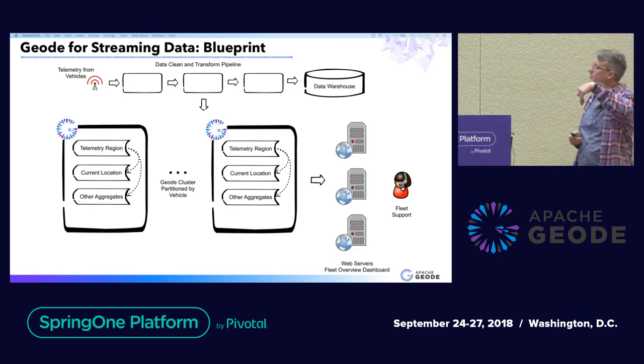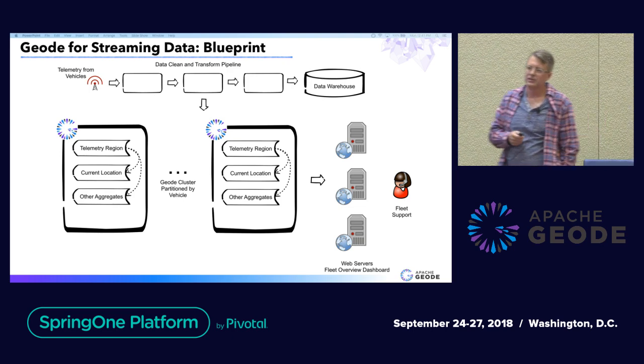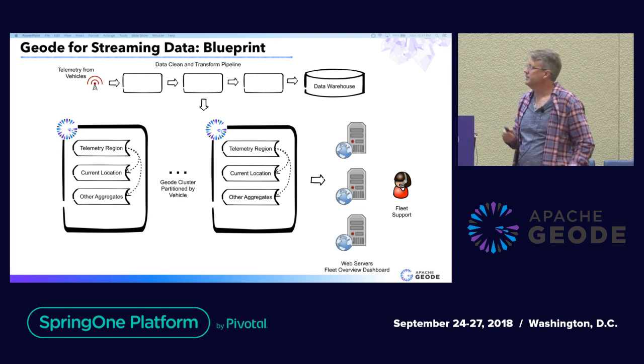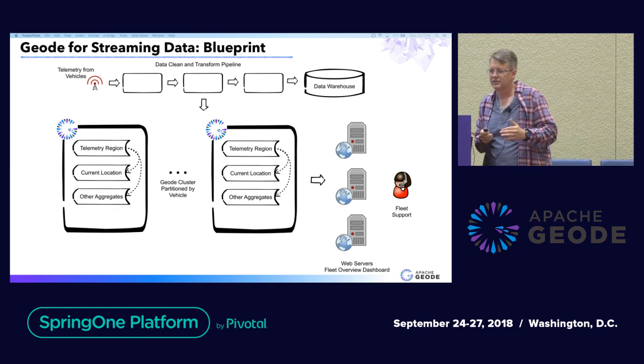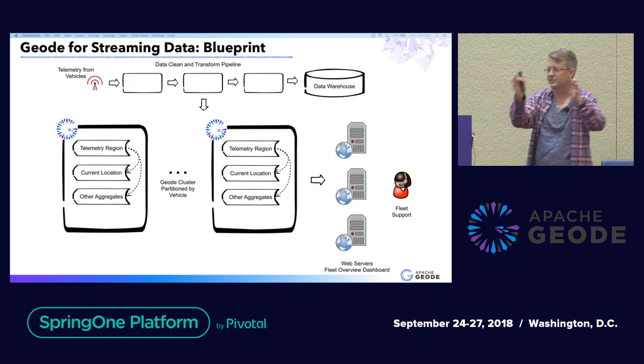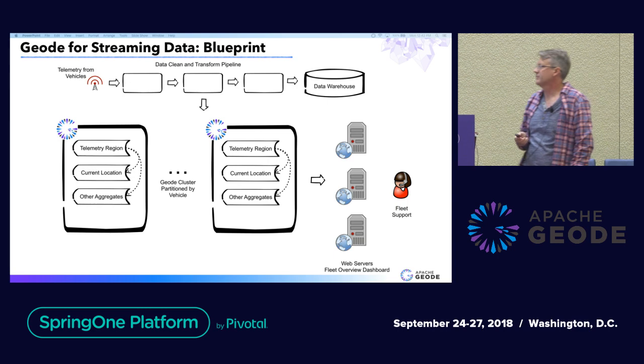Another branch writes directly to Geode and to a telemetry region. This is very high volume data. The telemetry region is partitioned by vehicles. So again, each data node is digesting a subset of the vehicles.